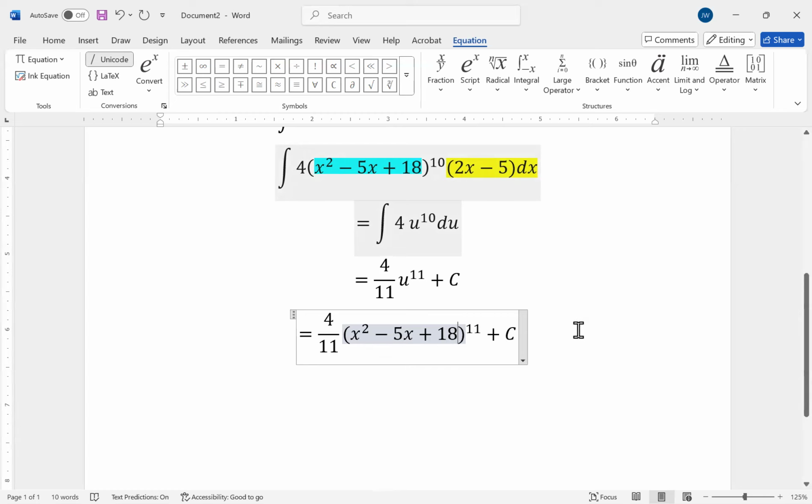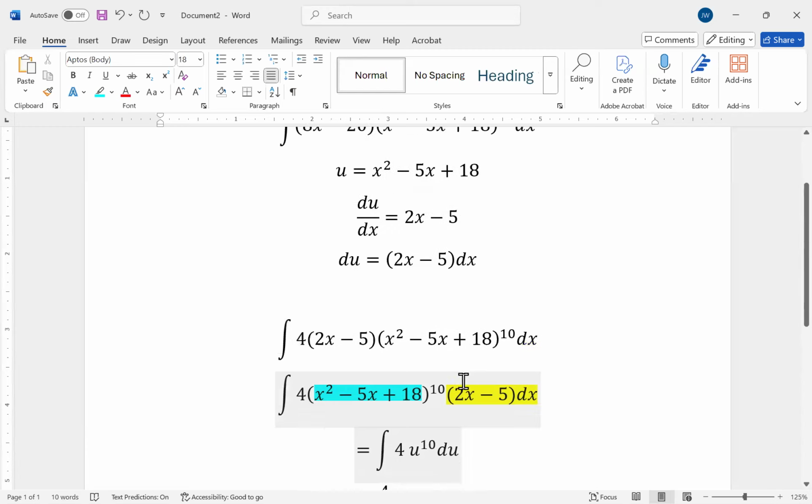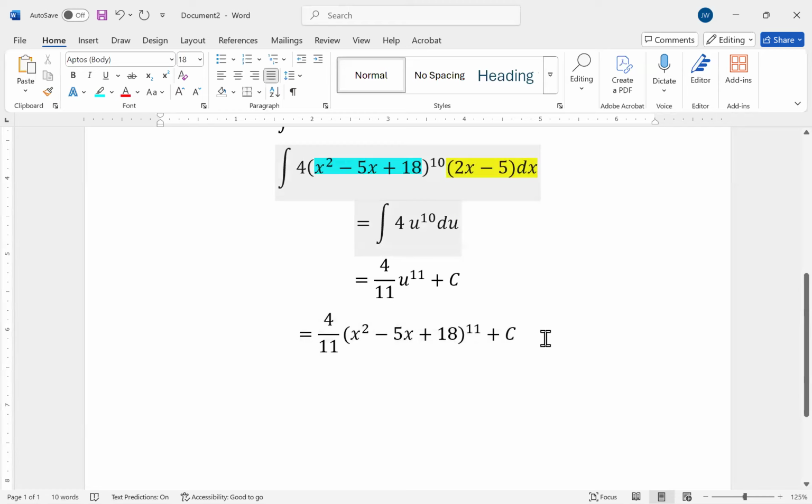And so that's my final answer for finding the class of antiderivatives of my original function. So when I integrate 8x minus 20 times quantity x squared minus 5x plus 18 raised to the 10th power with respect to x, this is what I would get.